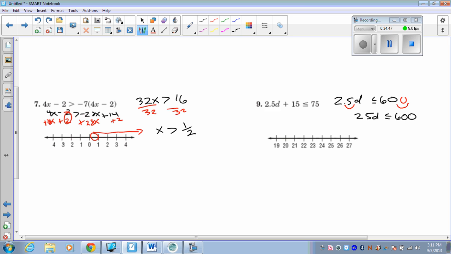So think about how many quarters are in $6. You've got 4 quarters for each dollar, and there's $6, so it's 24. So you end up with d is less than or equal to 24. So I go to 24. This time I'm drawing a closed circle because it's less than or equal to. And it's going that way.